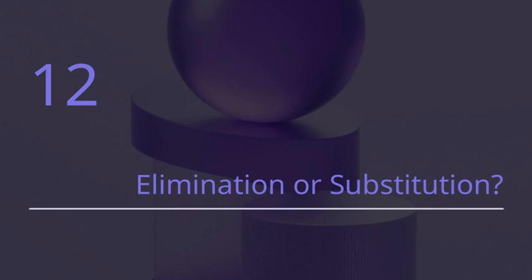Sometimes, eliminating a step can be the quickest way to improve flow. Other times, substituting a more advanced tool or method can lead to better results without removing critical parts. These strategies are central to optimizing processes and aligning with our overall goal of continuous improvement. Always consider the impact on quality, cost, and time when deciding whether to eliminate or substitute.